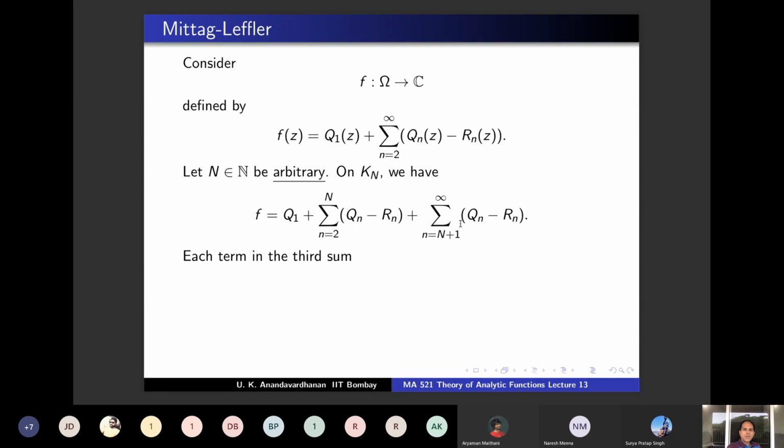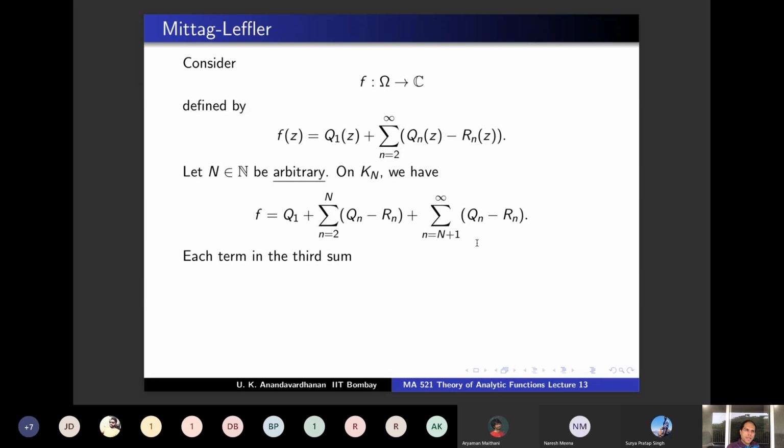So what we know is that the modulus of qn minus rn is less than 1 by 2 power n on K(n minus 1). So on K capital N, this is less than 1 by 2 power n plus 1.